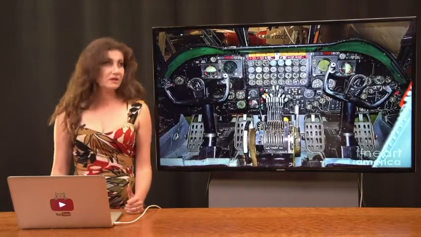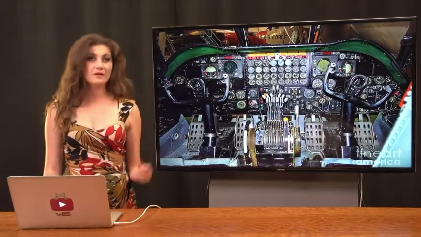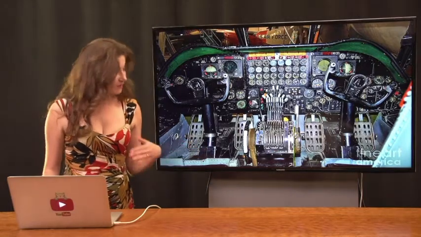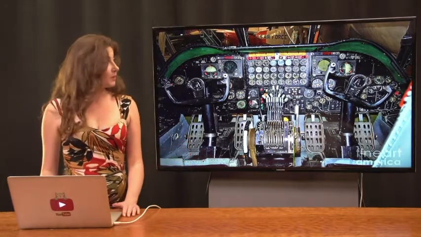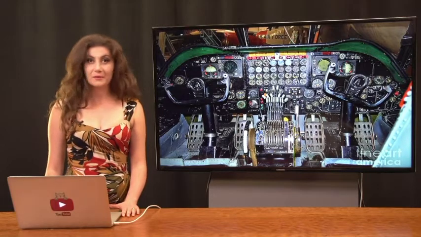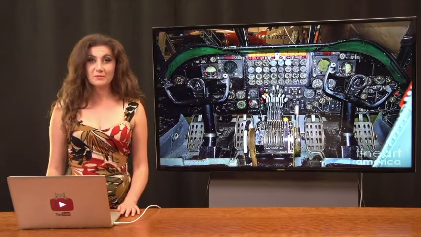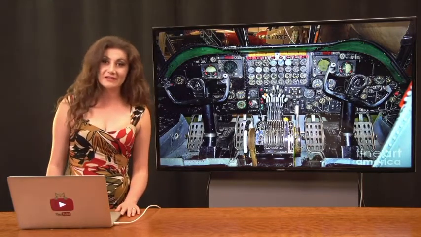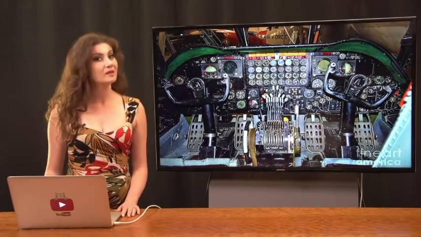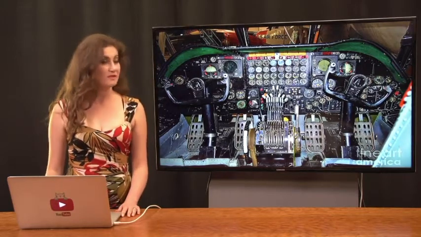So just to give you a larger picture, I don't know about you, but I wouldn't even know the first place to look. But if you know any pilots or anybody in aviation who might be able to point out where the landing gear control is and where the steering flap control is, that's just something interesting to see.